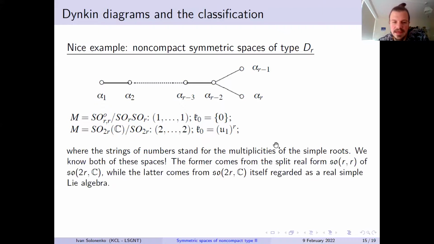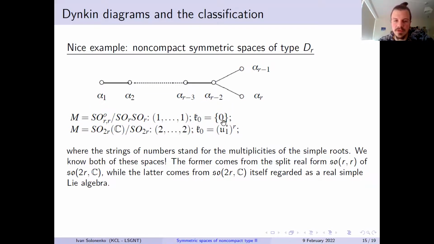Okay, now I claim that we know both of these spaces, because your complex semisimple algebra with the root system D_r is nothing but SO(2r, C). And as we discussed, there are always two real semisimple algebras coming from it. One is its split form, SO(r, r), and the corresponding symmetric space of non-compact type is here in the first row.